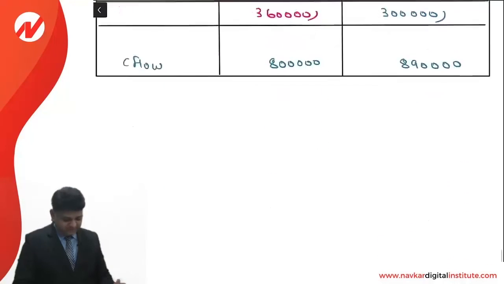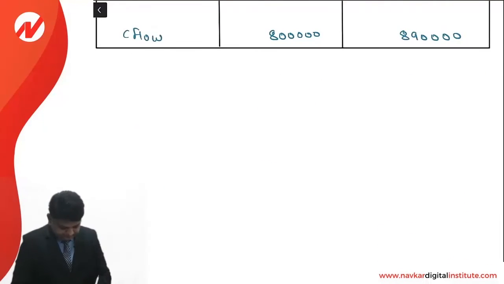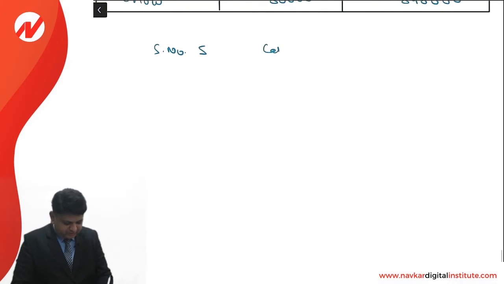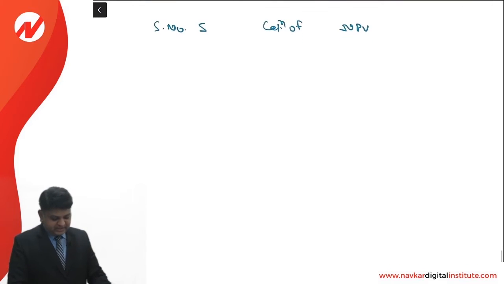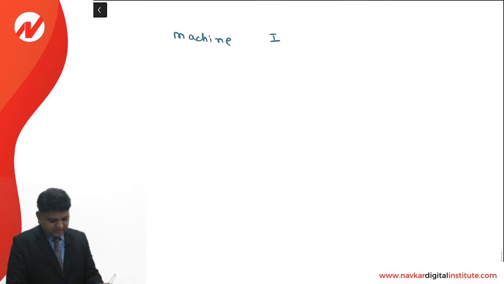Next, step number 5. Calculation of net present value. Let us see how to calculate the NPV for machinery 1. It is year 0, end of year 1, end of year 2 and end of year 3.